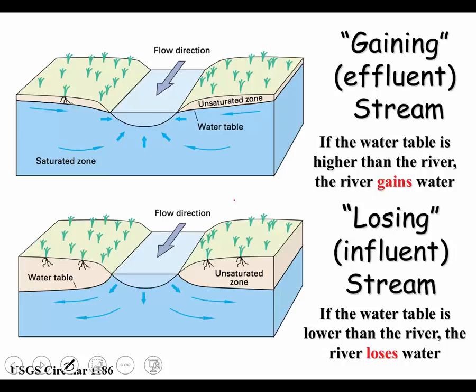But in arid regions, the water table is low. The only time there's a connection between groundwater and surface water is during a rain, and the water is soaking into the ground. The river is no longer a discharge area, it's a recharge area. Okay, it is recharging the ground.